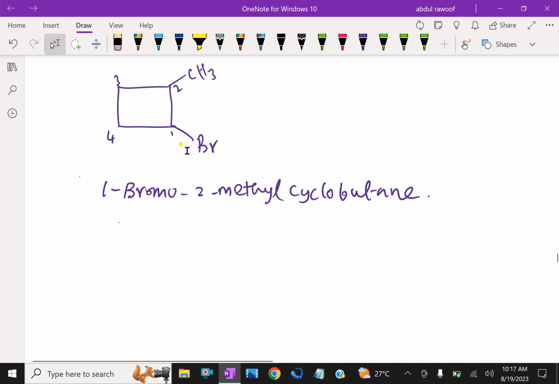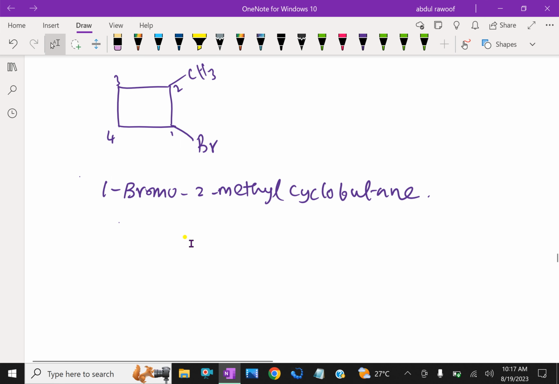Suppose it is not 2-bromo, because if the numbering starts with 1 here, 1, 2, 3, 4, it means 2-bromo comes, but methyl comes later than B, so we have to start with bromo because B comes first in alphabetical order, then methyl. Therefore, 1-bromo-2-methylcyclobutane.